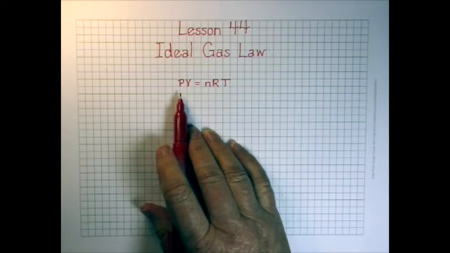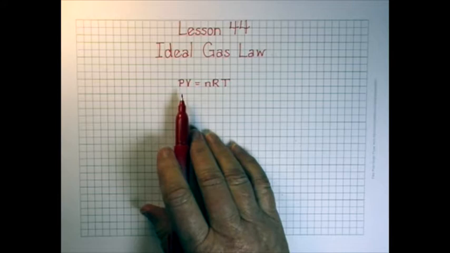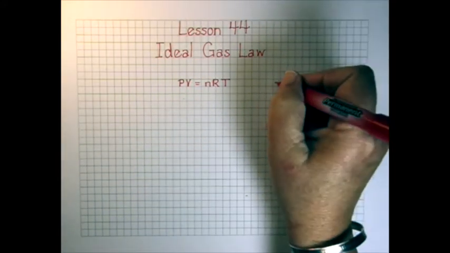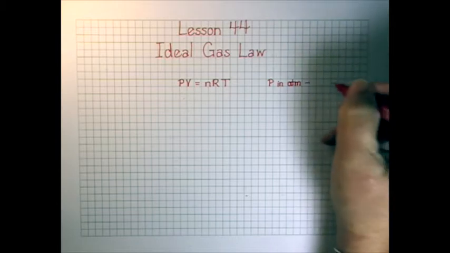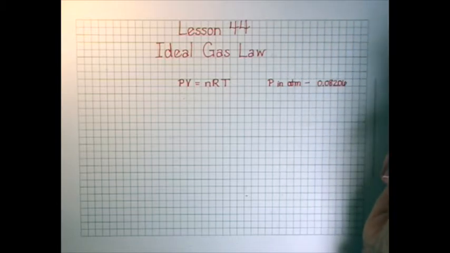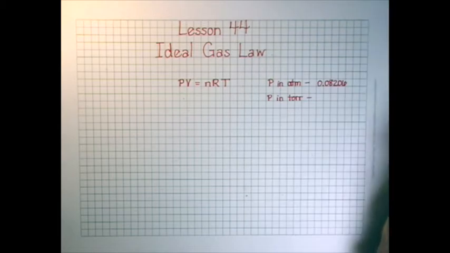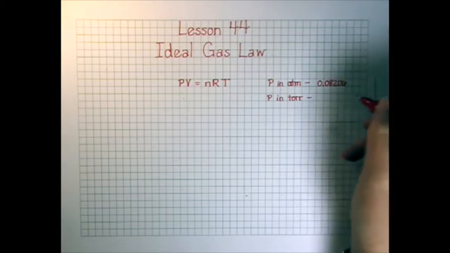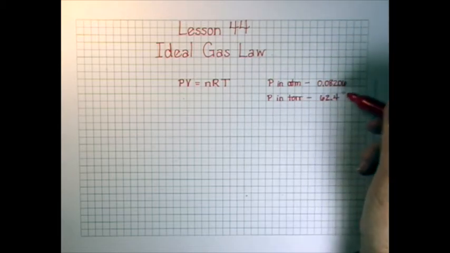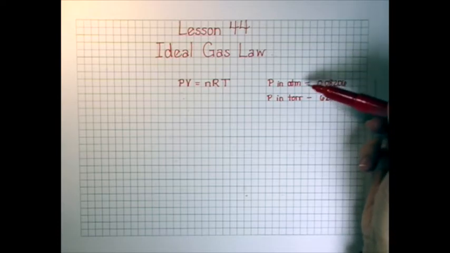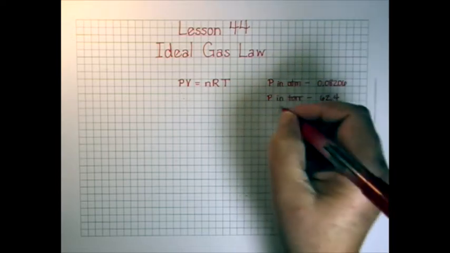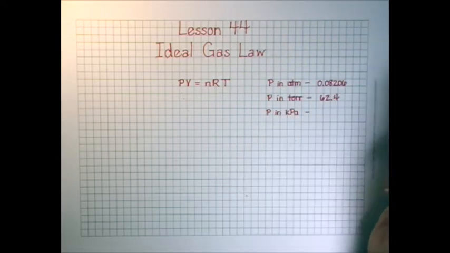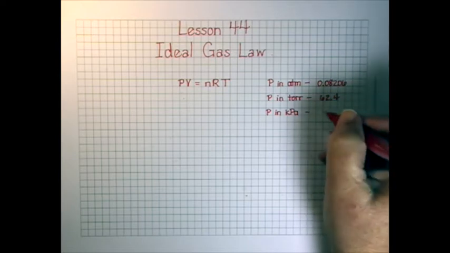Well, it turns out that if you measure pressure in atmospheres, then R is going to be 0.08206. If you measure the pressure in torr, then R is going to be 62.4. Big difference there. But then there's a big difference between a torr and an atmosphere. If your pressure is in kilopascals, then your value is going to be 8.314.